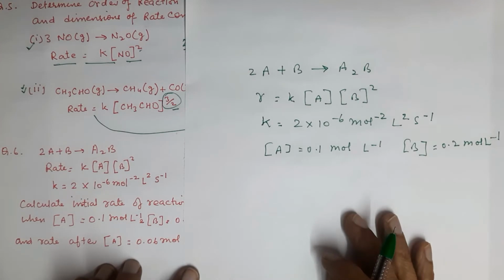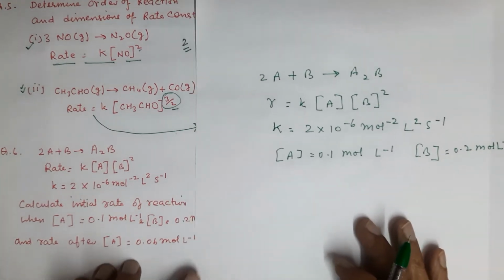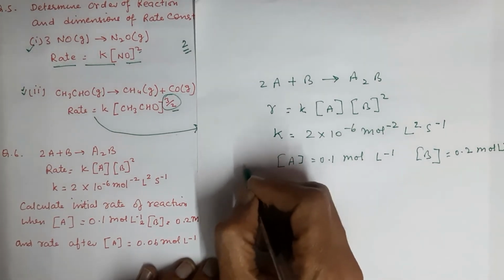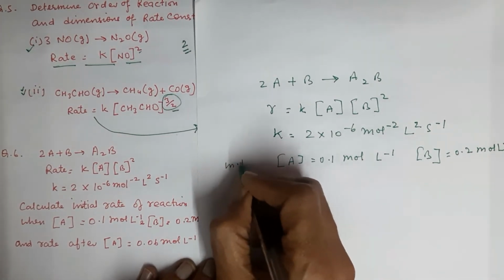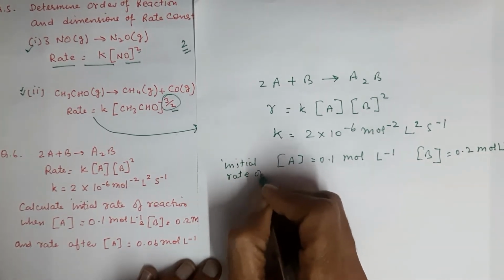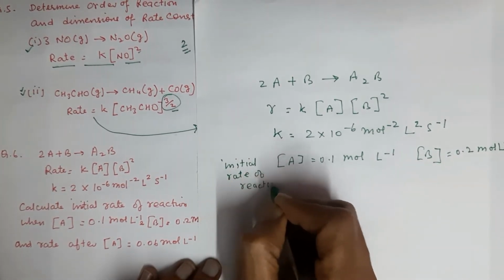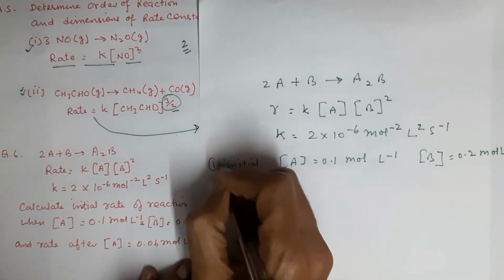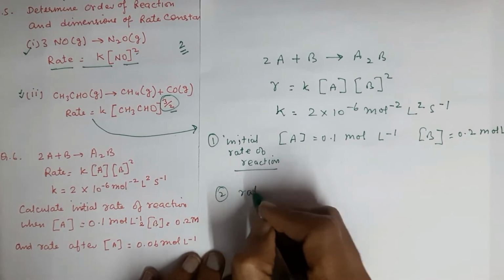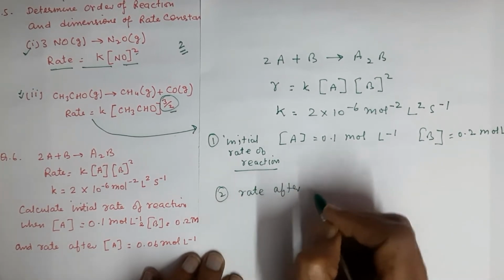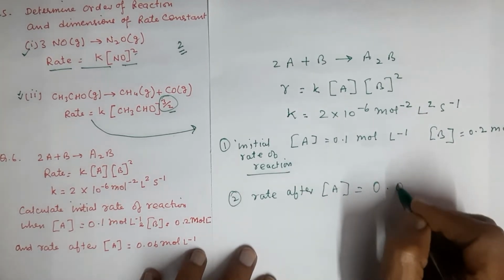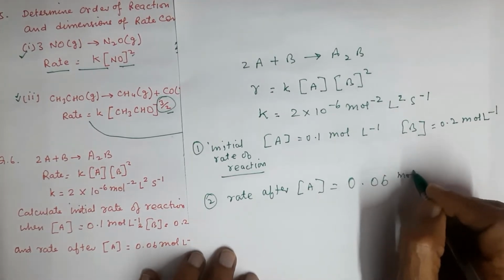Now how can we calculate it? We have to calculate two things: first the initial rate of reaction, and second the rate after A is 0.06 mole per liter.